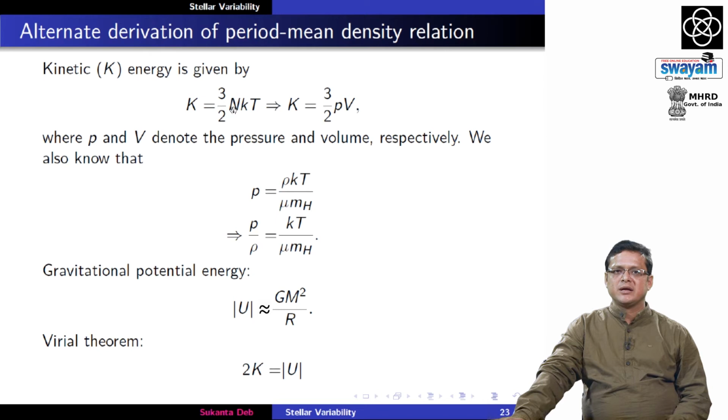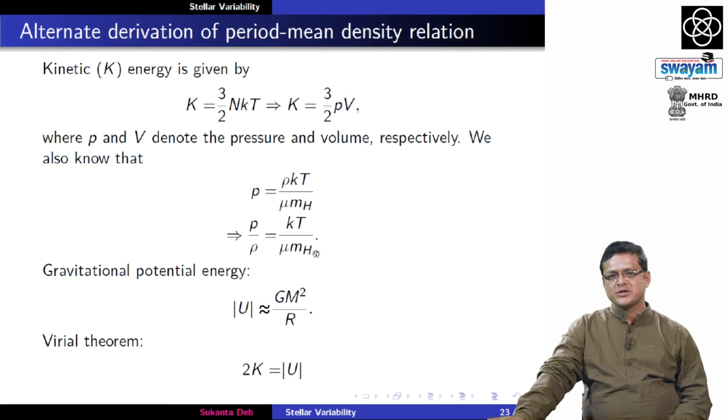This N k T can be replaced with P into V, where P is the pressure and capital V denotes the volume. This comes from the kinetic theory of gases, and this can also be written in terms of a quantity called the mean molecular weight, and the pressure can be written as rho k T divided by mu m h, where mu is the mean molecular weight and m h is the atomic mass of hydrogen. And from here we can find P by rho is equal to k T divided by mu m h.